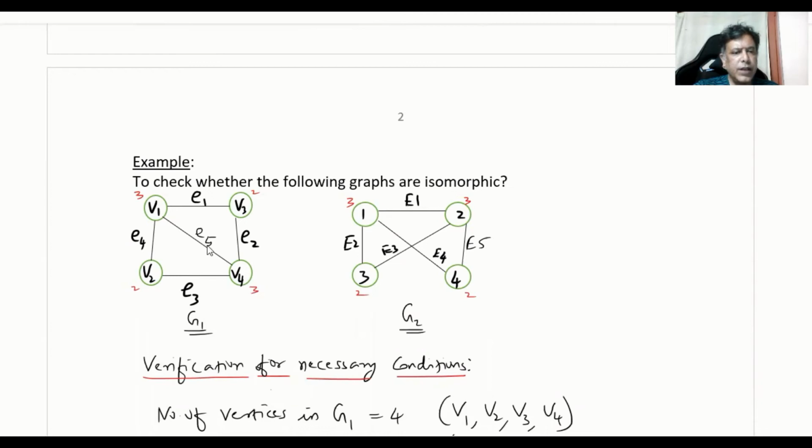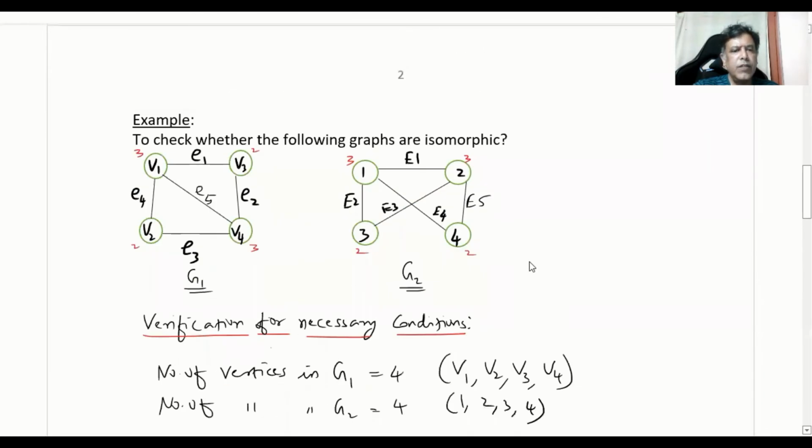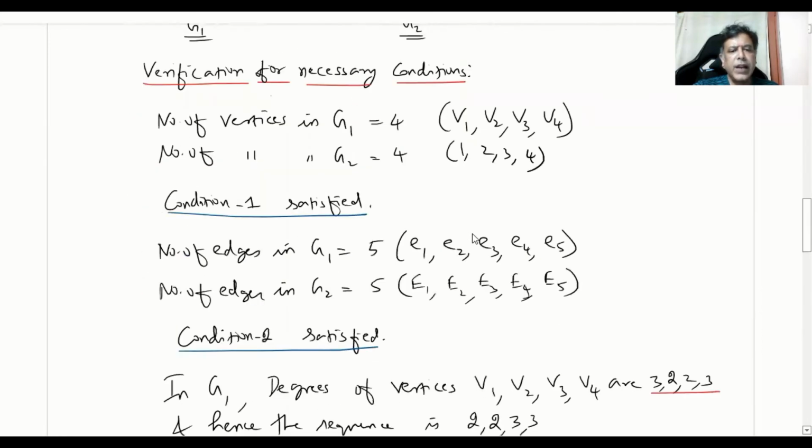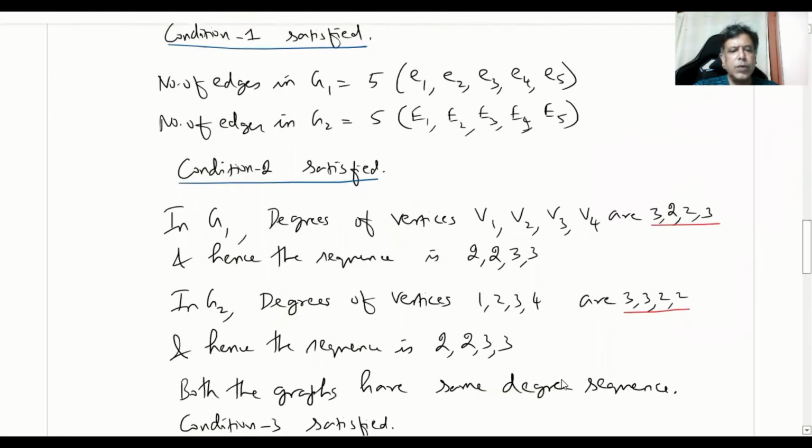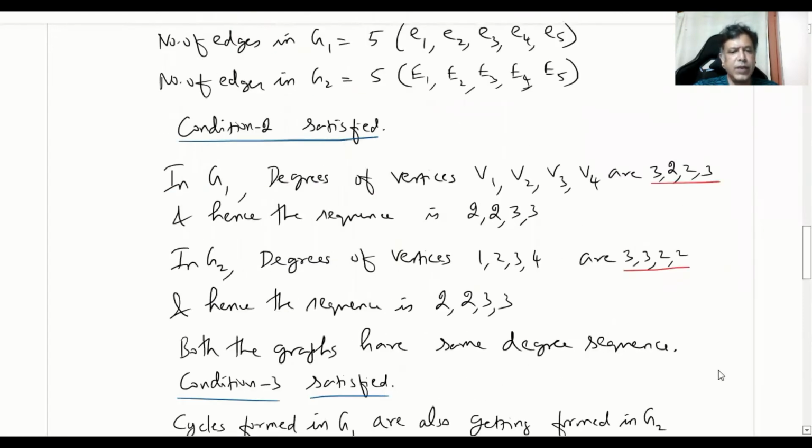For V4 it is 3 edges. So degrees are already mentioned. Now we may note that the degree sequence is the same: 3, 2, 2, 3. Here also 3, 2, 2, 3. When we write it in sequence, we can write it as 2, 2, 3, 3. Here also 2, 2, 3, 3. So both graphs have the same degree sequence, and condition 3 is also satisfied.